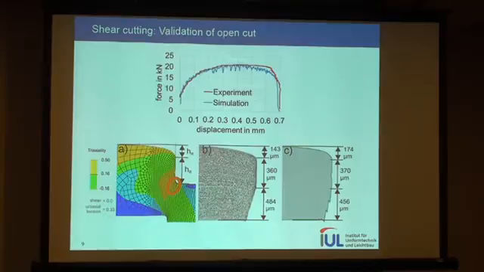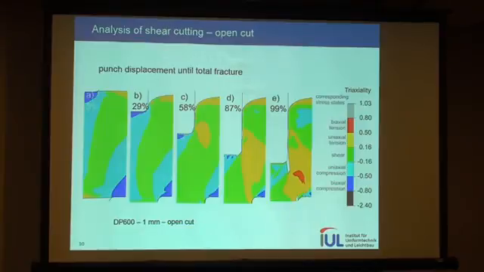Now I want to analyze the simulation. What we have found is that shear cutting with the open cut has a high influence of shear. That's not very astonishing, but it's astonishing to compare to the closed cut. You all know the triaxiality.